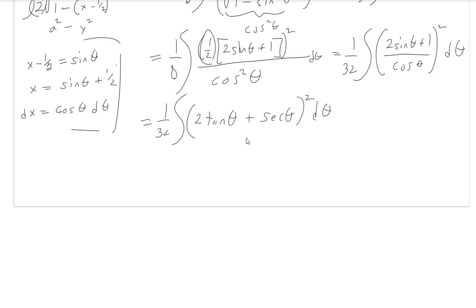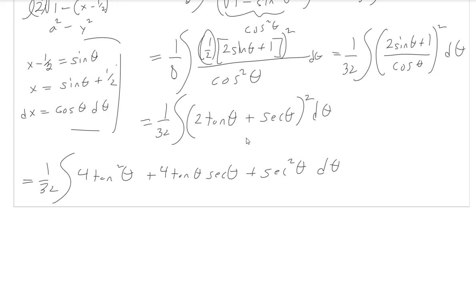And now if I square that, I get 2 tangent theta times itself will give me 4 tangent squared theta. Plus, I'm going to get 2 tangent theta times secant twice, so I'm going to get 4 tan theta secant theta. Plus secant squared theta d theta.